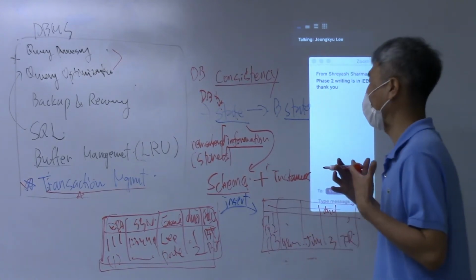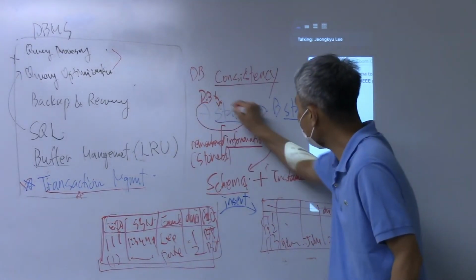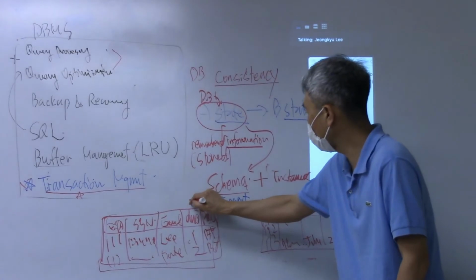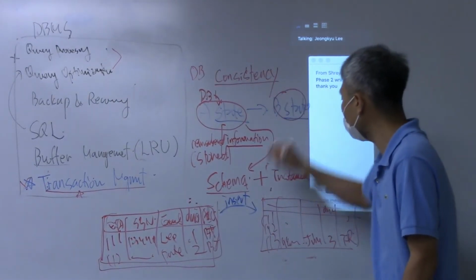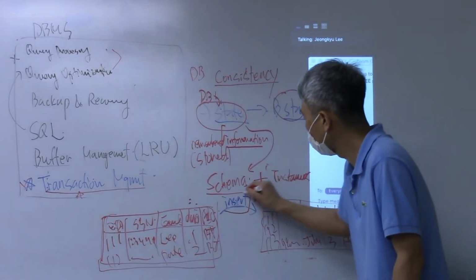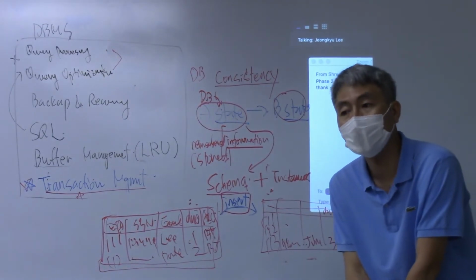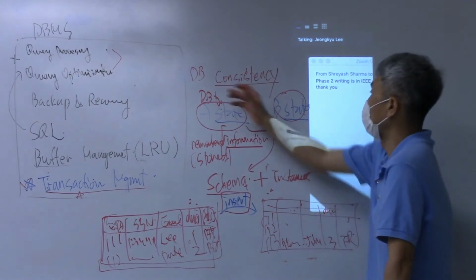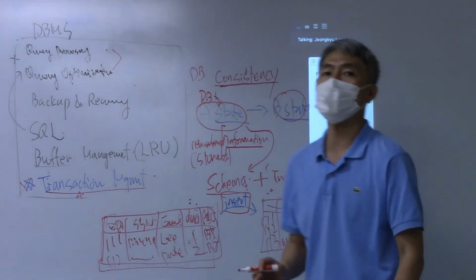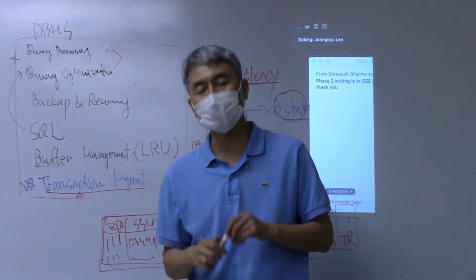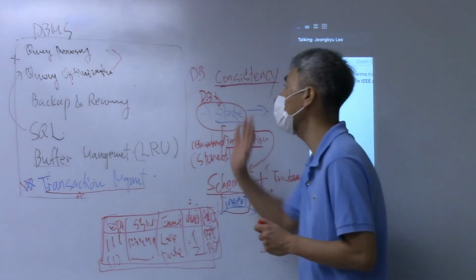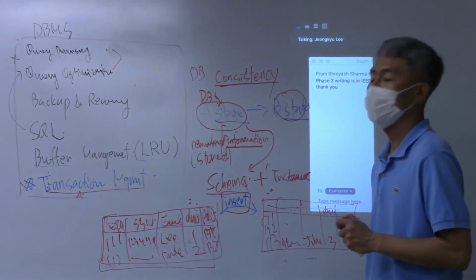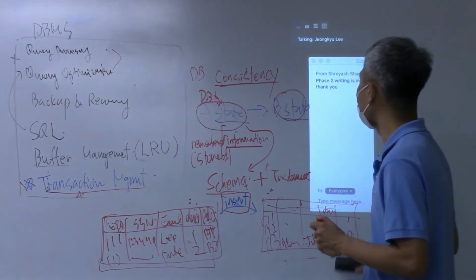If we guarantee one database state to another database state after we apply the database operation, if we guarantee this, then we are saying the database is consistent. So this is called the consistency, and this is the consistent database.